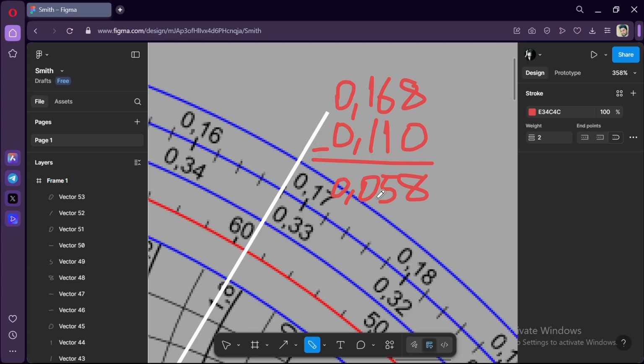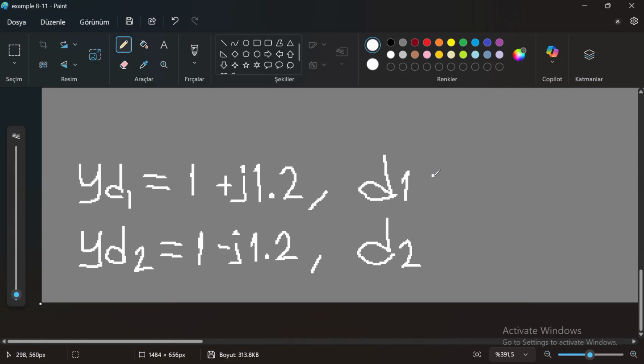Okay, 0.058. Let me write here, d1 0.05, lambda value.